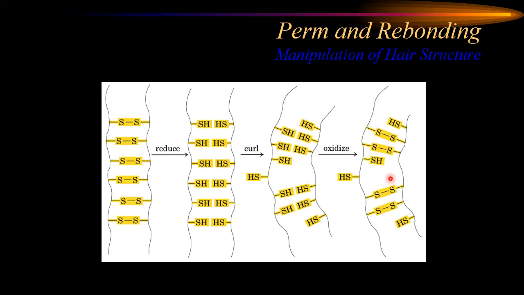So your hair now becomes curly. It's the same if you're getting a rebond. Instead of curling it up, it straightens it up and then reoxidizes it into the straight configuration. So that's it.